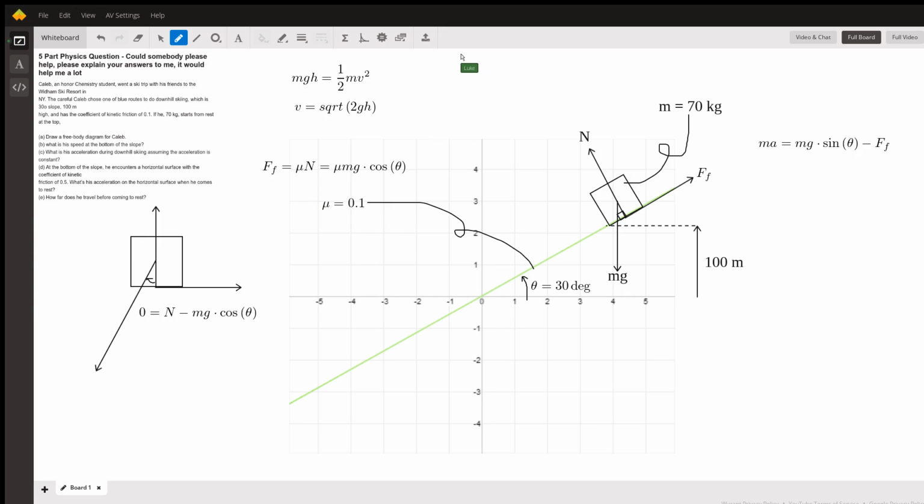The next step would be to replace anything that we can, where we have everything to replace friction with mu mg cos theta.